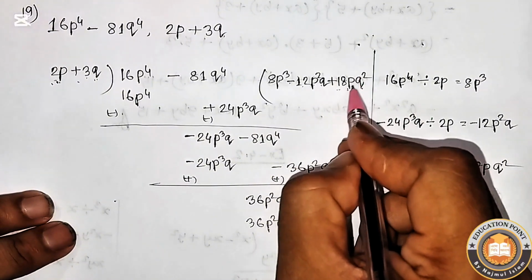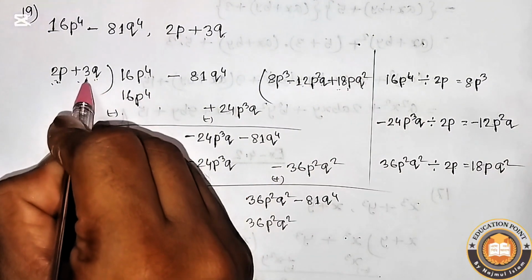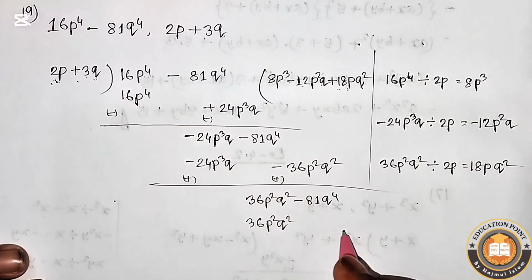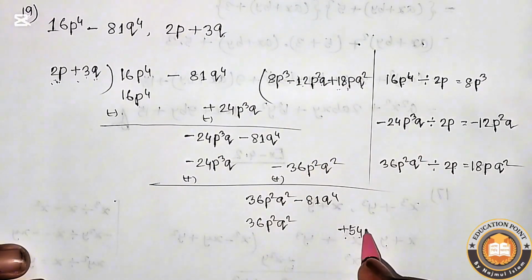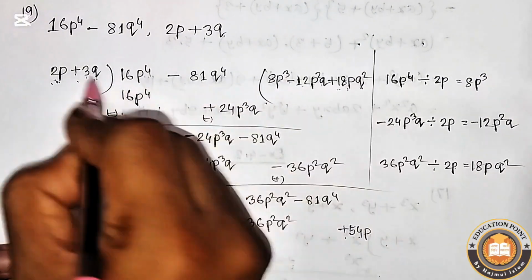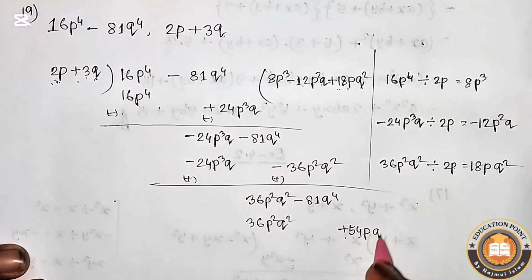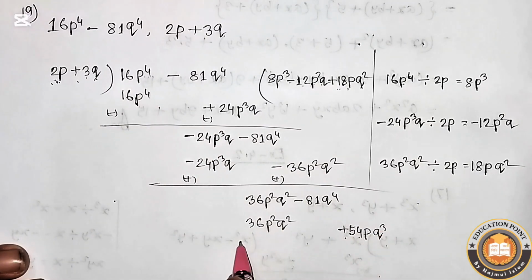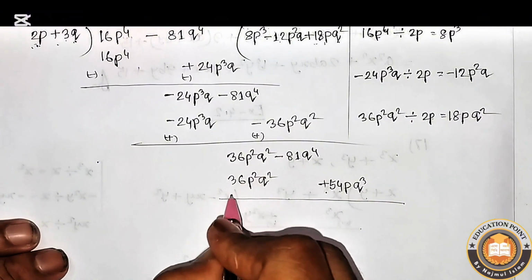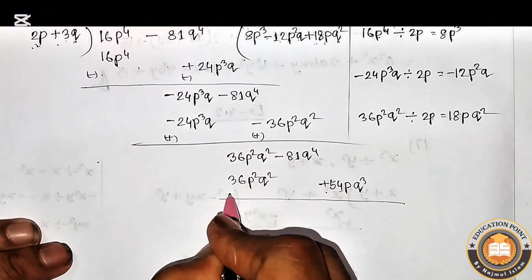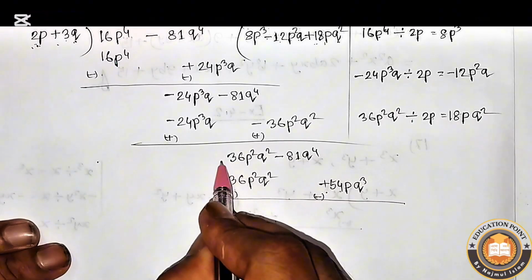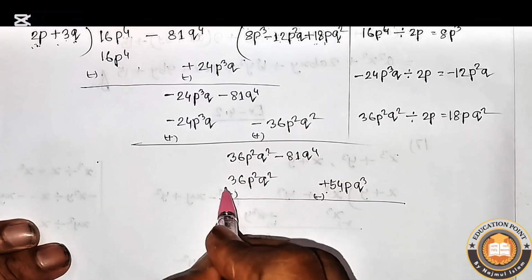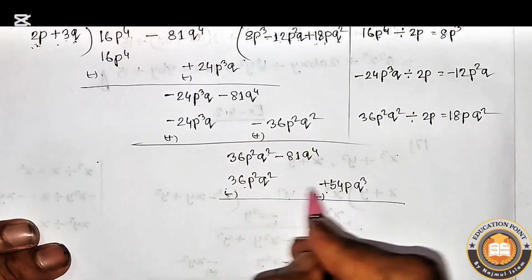Next 18p q square multiplied with 3q, 18 times 3 is 54, p q square multiplied with q, that means q cube. According to the division law, their symbol will be changed. Plus 36 p square q square minus 36 p square q square equals 0.